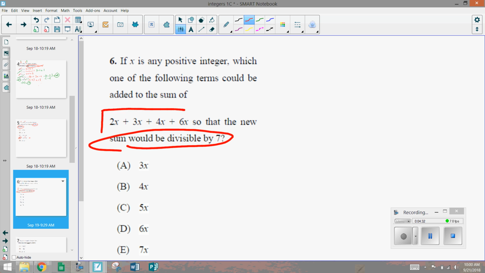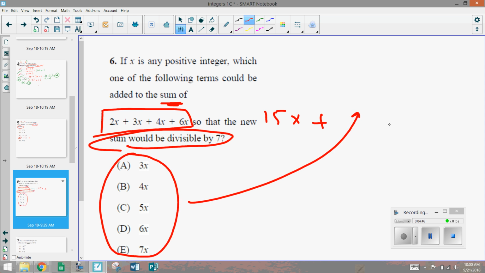Yeah, that's our goal. When I add them all, 5, 9, 15x. Okay, the question is telling me that 15x plus which one going to be multiple of 7? All right, not confuse you. Okay, multiple of 7, all right?